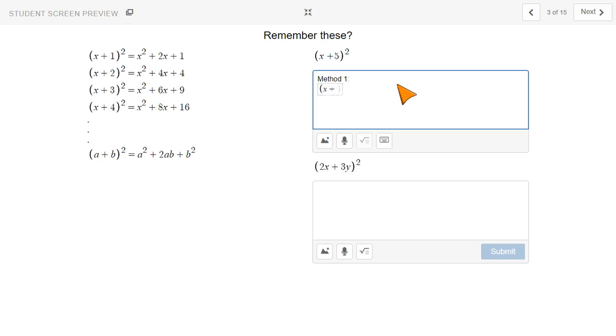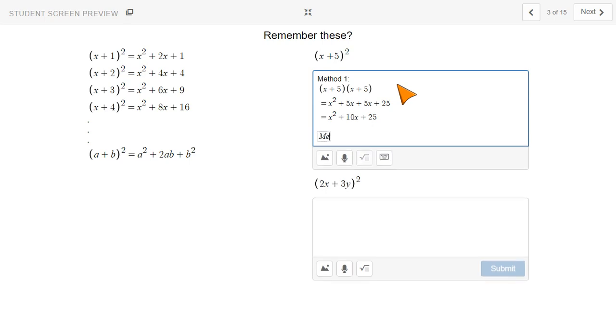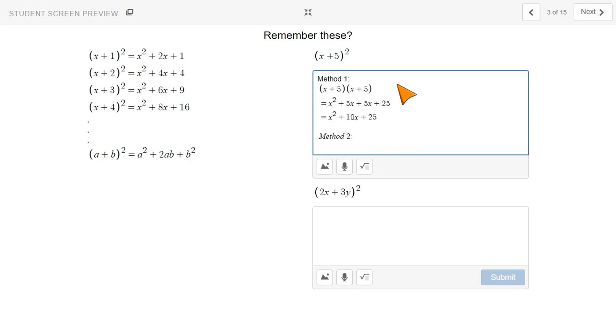Method 1, I'm going to expand x plus 5 times x plus 5. We have x squared plus 5x plus 5x plus 25. Collect the like terms, x squared plus 10x plus 25. Method 2, we're going to use the shortcut equation to get to our final answer.